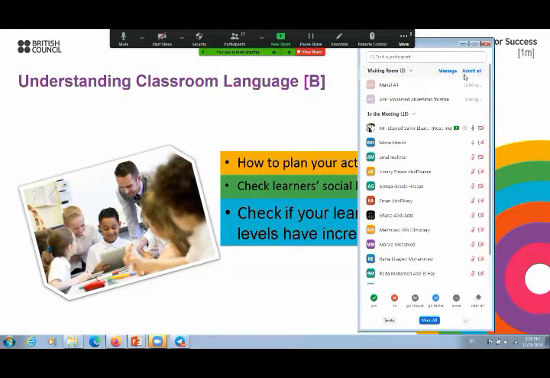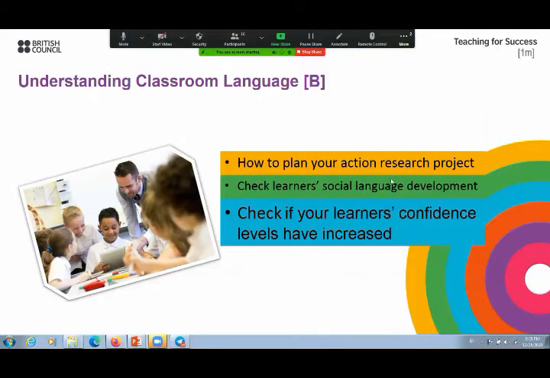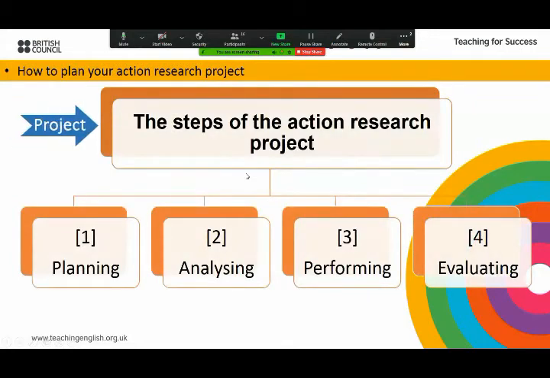So we will talk about an action research project to know how much you and your learners have developed social language, and if the learners' confidence levels have increased. So we will start with the steps of the action research project.